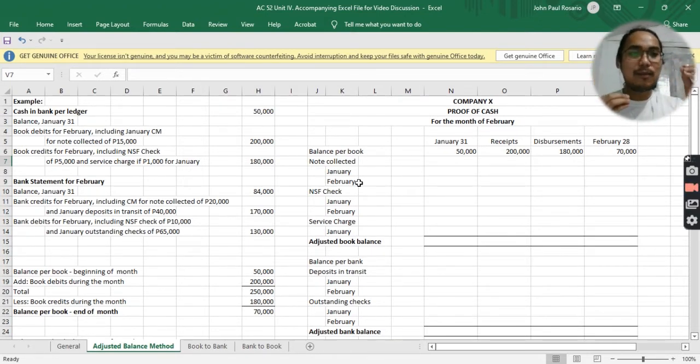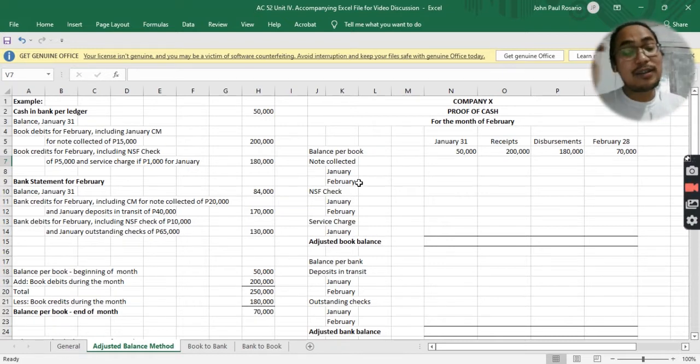For example, a credit memo has been recorded by the bank for the current period, February, but the company records it in its book only in March, the next period. Same with a debit memo: the bank recorded it during February, but the book records it only next month, in March, after receiving the bank statement.